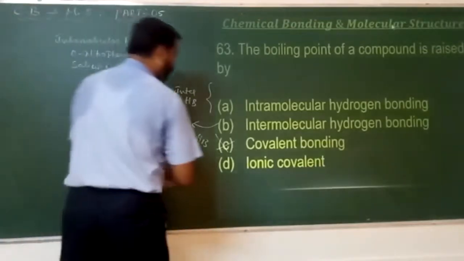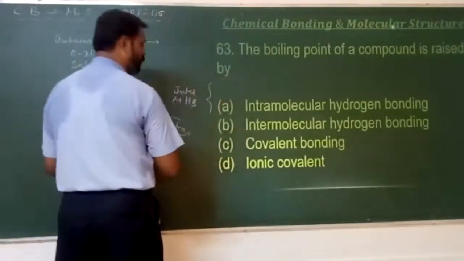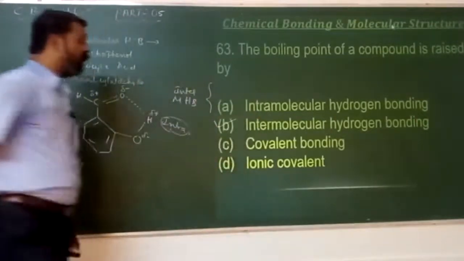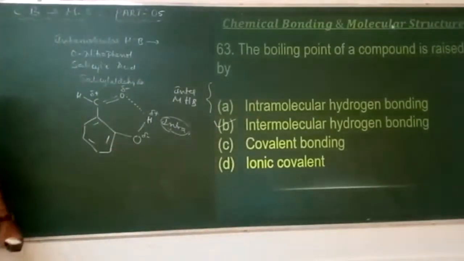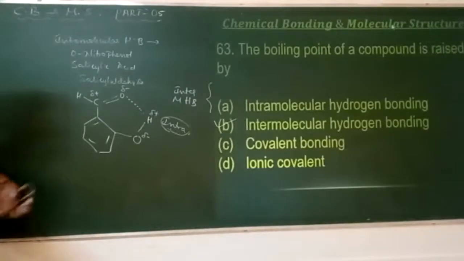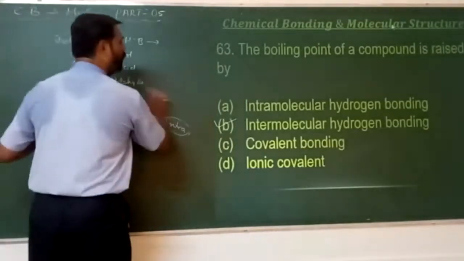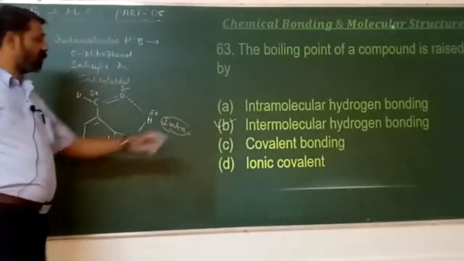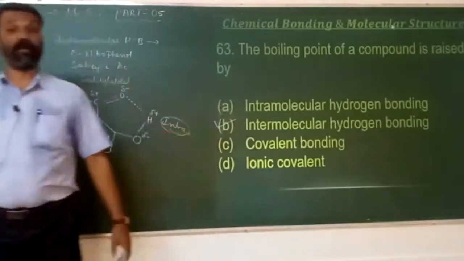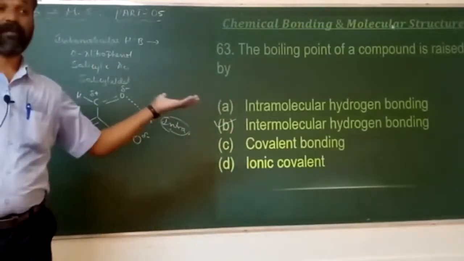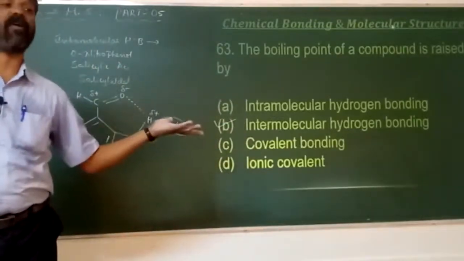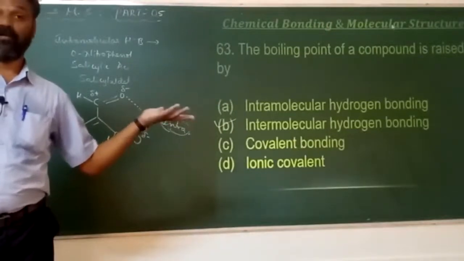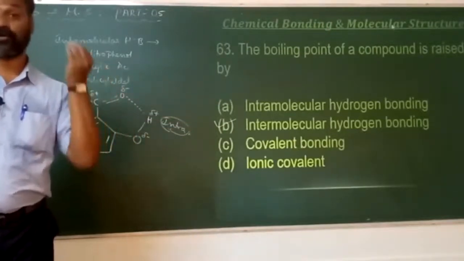Therefore, the boiling point can be raised due to the presence of intermolecular hydrogen bonding, but not intramolecular hydrogen bonding. The boiling point of a compound is raised only by intermolecular hydrogen bonding. A very good example is the anomalous behavior of water. Water has intermolecular hydrogen bonding. Okay?